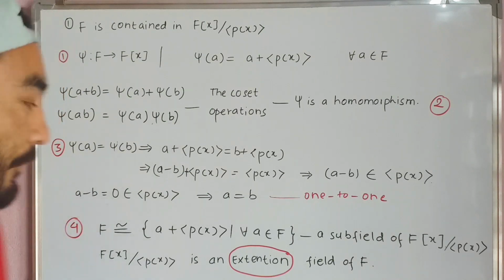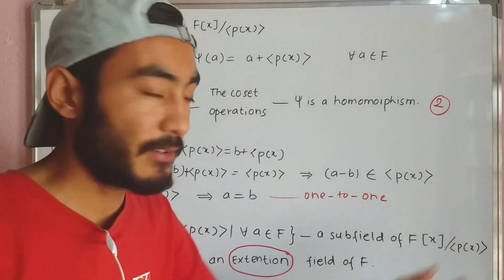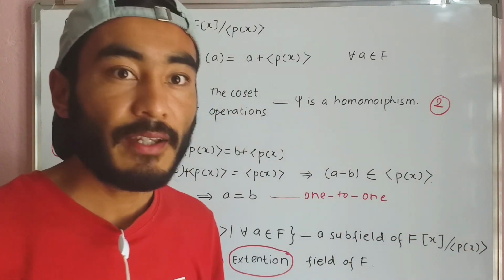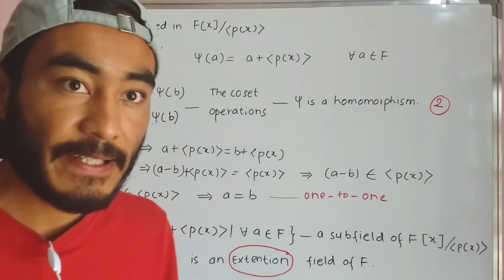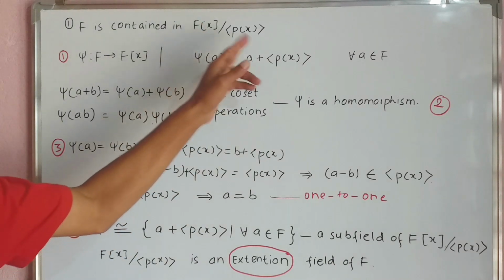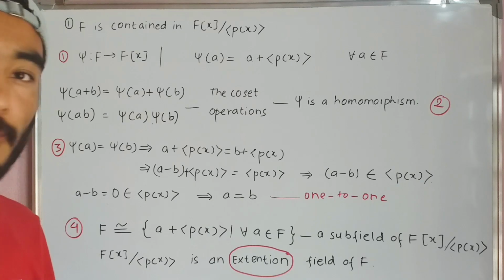And this shows F is isomorphic to the subfield of the cosets a plus <p(x)> for all a in F. So F is recognized by this subfield in the field F[x] by <p(x)>, and this shows F is indeed contained in this field. So the field F[x] by <p(x)> is indeed an extension of the field F.